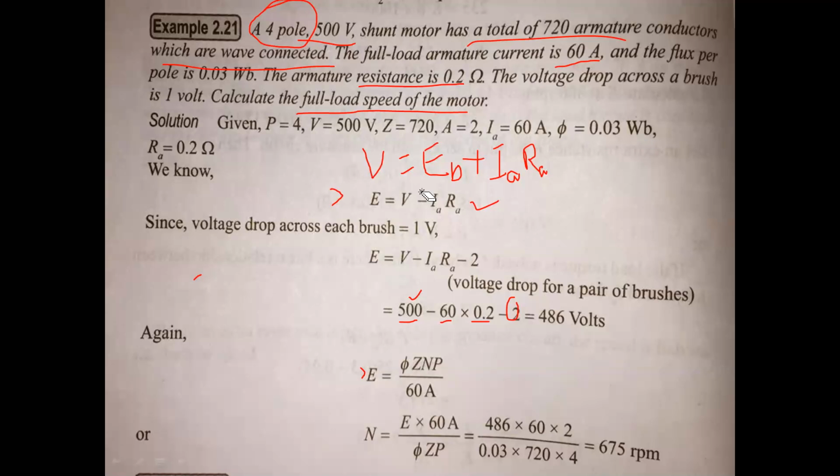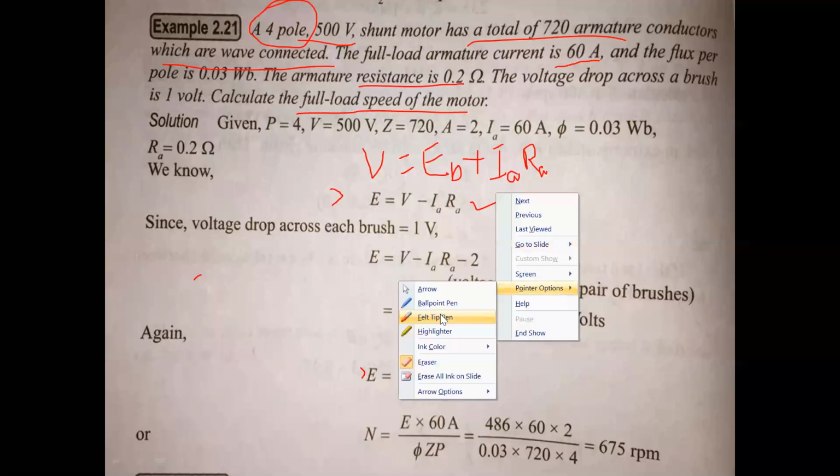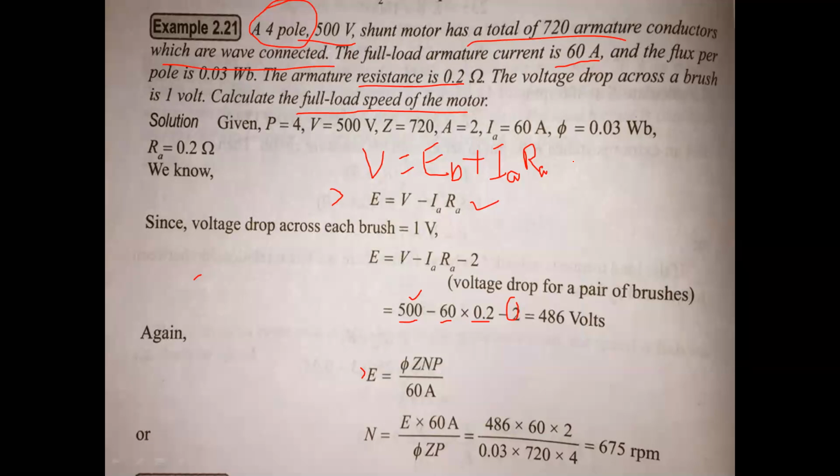So in a motor, V equal to EB plus IRA plus brush drop, represented as BD.